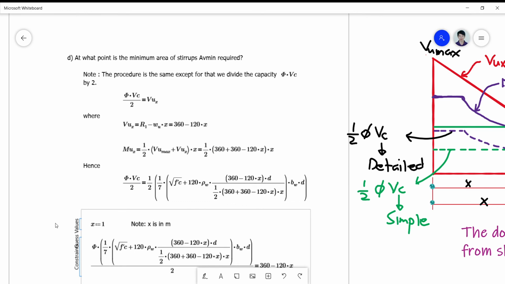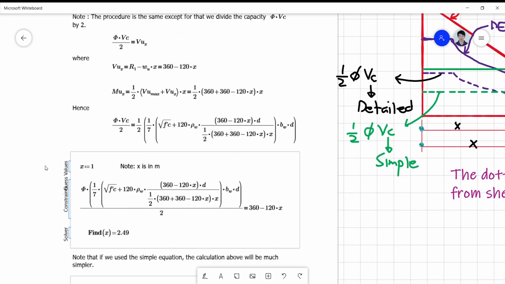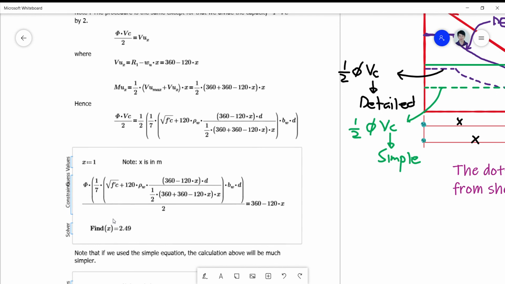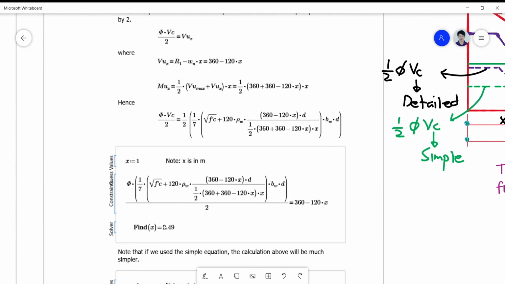So using again the MathCAD tool, I obtained from the detailed equation a value of 2.49. So this is in meters, already in meters because your x is already in meters there.